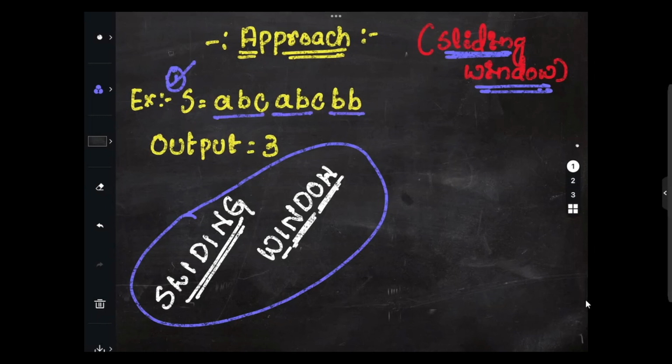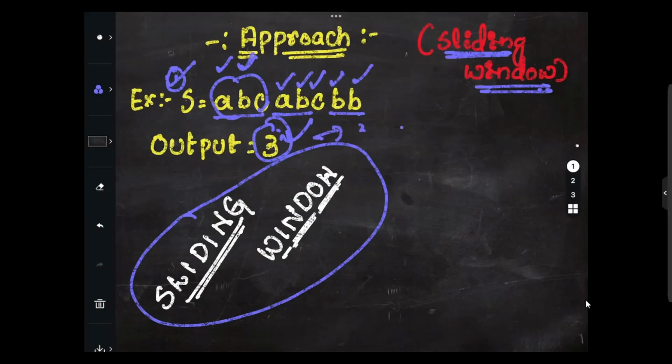We shouldn't consider the duplicates, and we have to consider the longest substring, not the subsequence, and return its length as output. Here in this case it is ABC, which is of length 3. A is already present, B is already present, C is also present, and B is already present here.